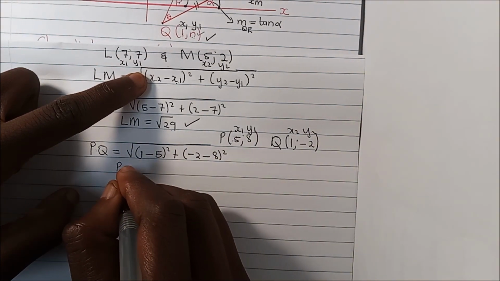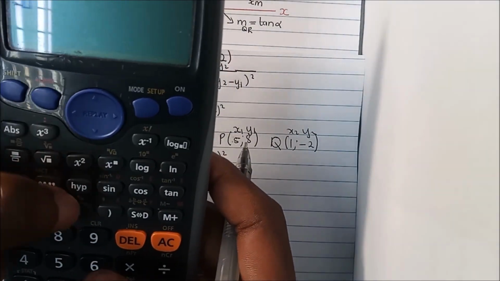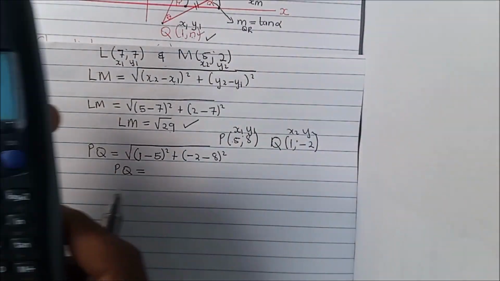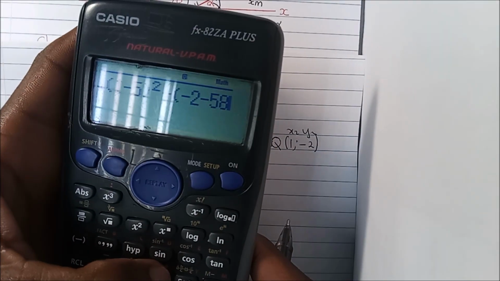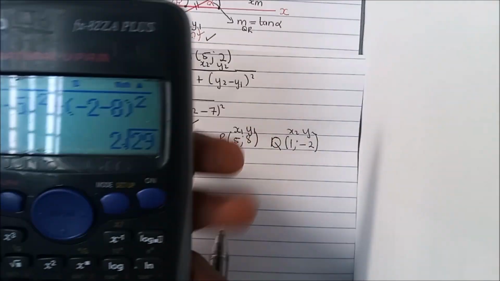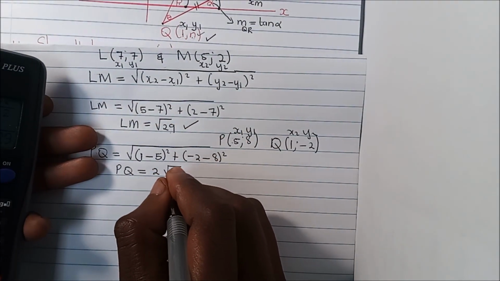Then we put the whole thing in our calculator. So we have the square root of (1 minus 5) squared plus (-2 minus 8) squared. So you see, we get 2 square root of 29.